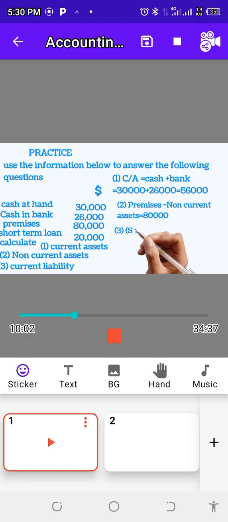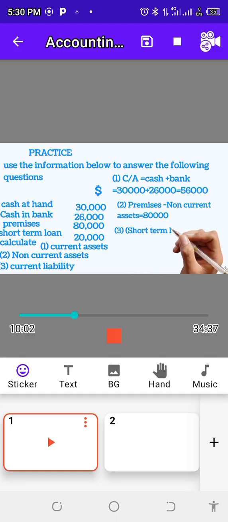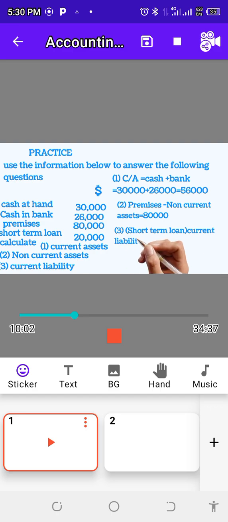Current liability is the short-term loan. That's the only current liability there, and it is $20,000. Very simple. It's as simple as ABC. Now we take the next question.